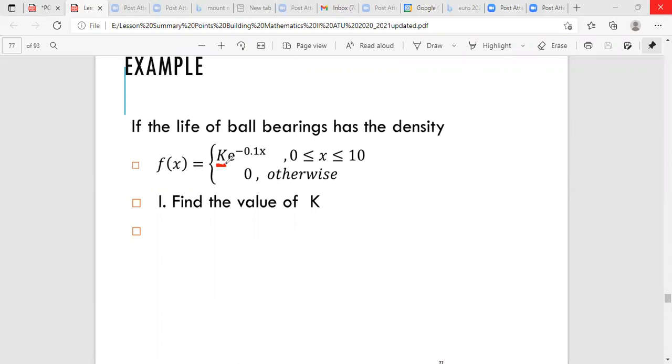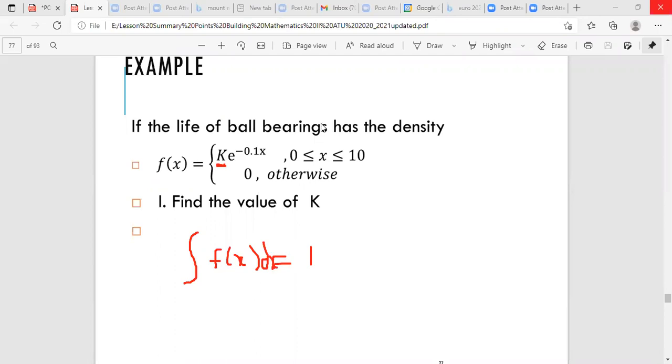So in this case, the rule is the summation of the probability distribution should be equal to what? 1. I'm trying to make it very simple. But summation with respect to what? X.